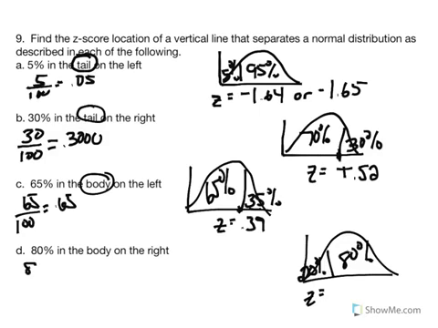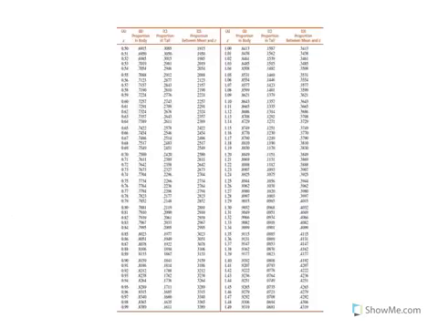So as we've done before, 80 divided by 100 to give us the proportion to utilize our unit normal table. And again, 0.8000 is what we're looking for, and we're going to utilize the column that represents the body to find this particular answer. So let's go to our unit normal table.